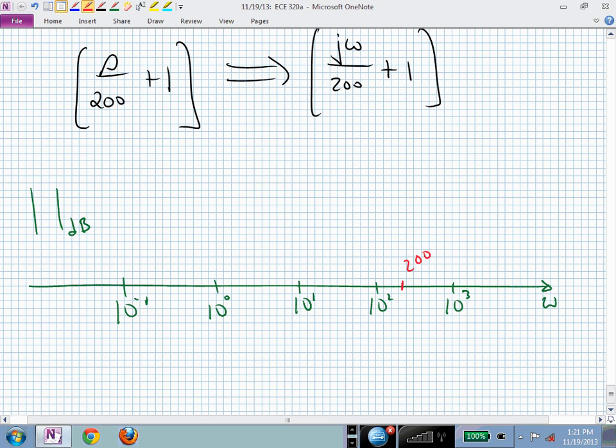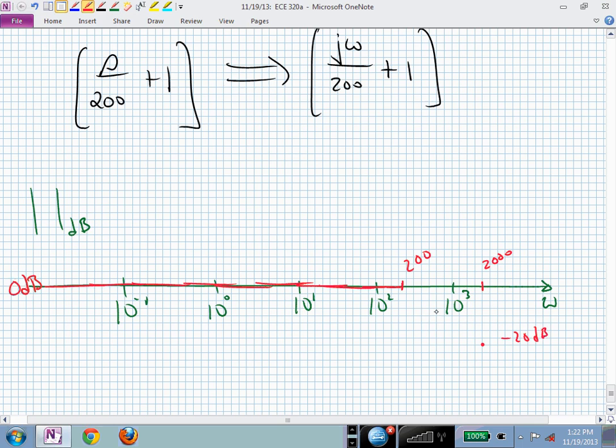Is that making sense? We're now 0 dB out to that break. And then what happens? Now it goes down because it's a pole factor, and it's going down at 20. So what I would do is go over here to 2,000 and say, I need to be down at minus 20 dB at that point.